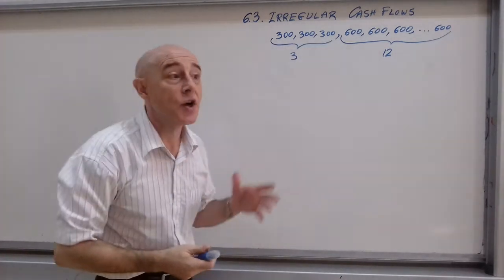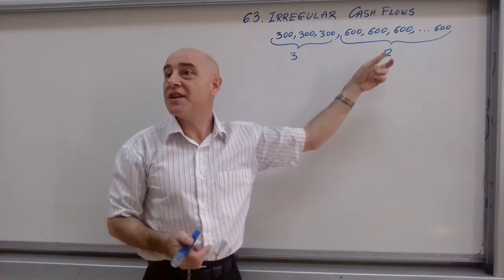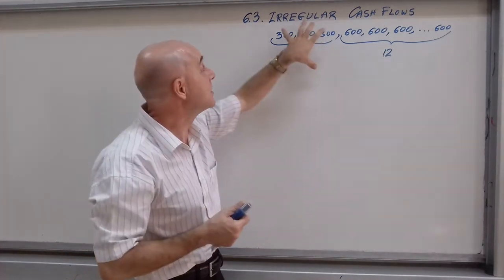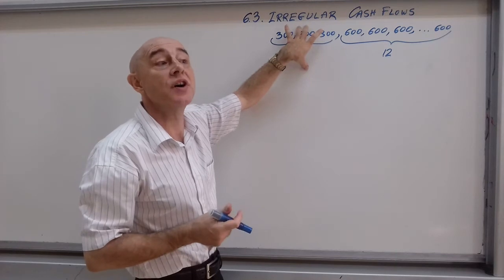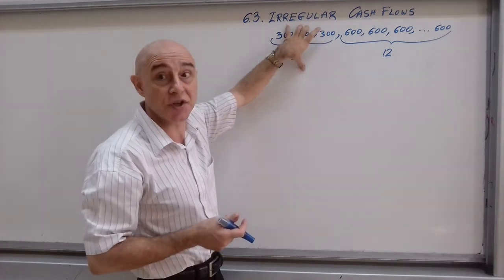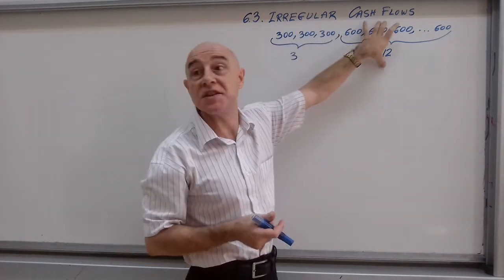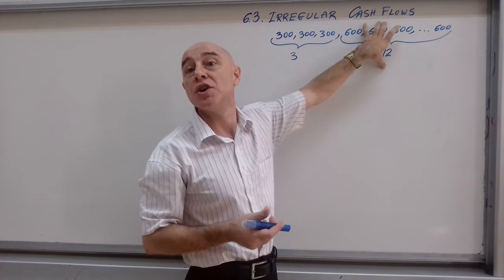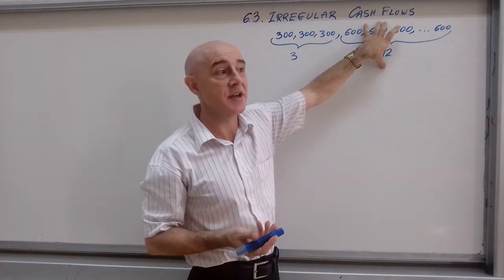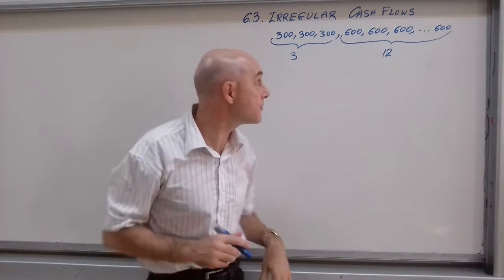Alright? This particular one is a simple sum of 2 annuities. This is annuity 1, and this is annuity 2. Okay? So that's one way.